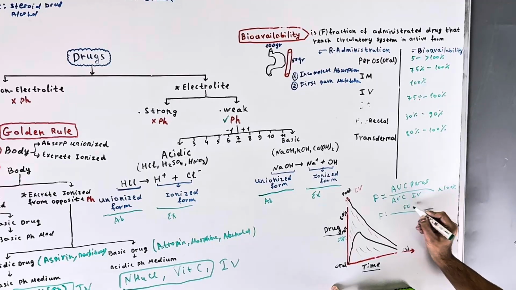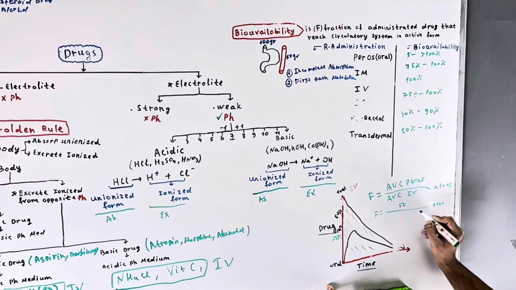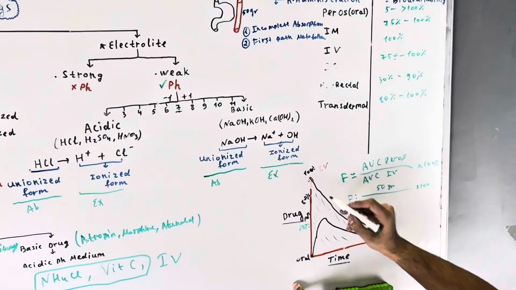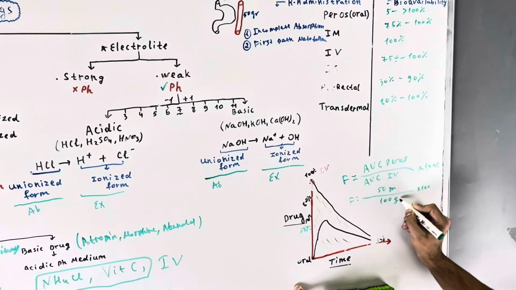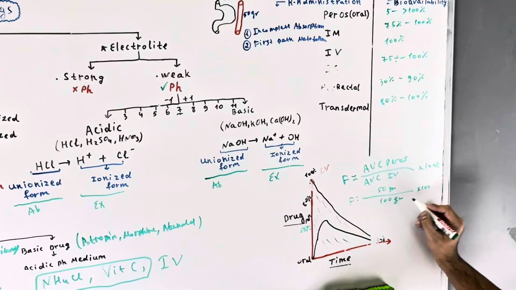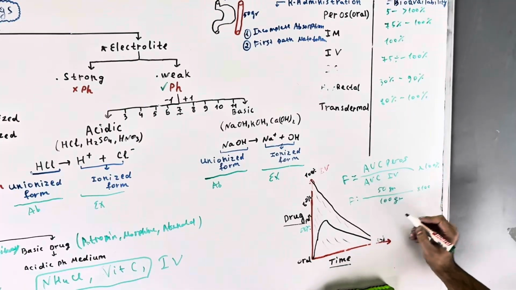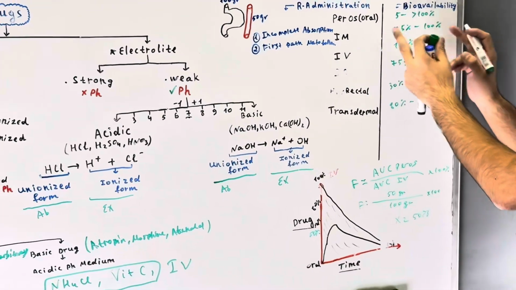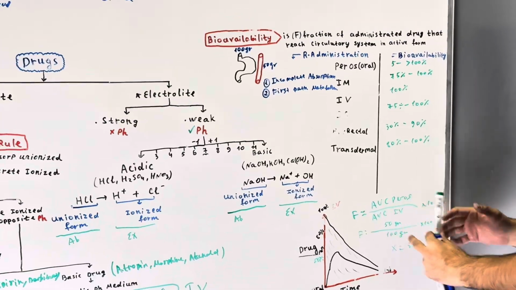So 50 grams, and for intravenous it is always 100 grams. If this is 100 grams of the drug, it can be directly absorbed. So 50 divided by 100 multiplied by 100, the result can be 50%. This is how we calculate the bioavailability of the oral types of administration.